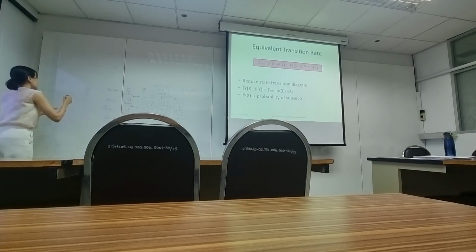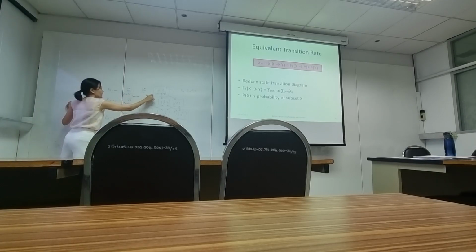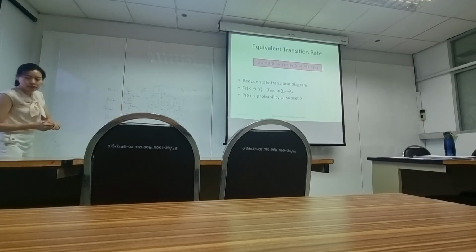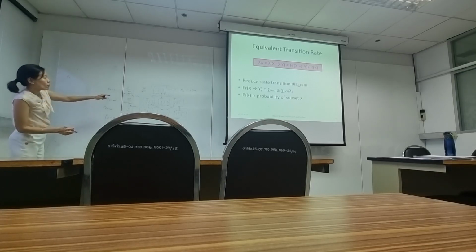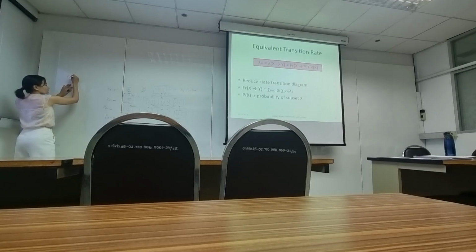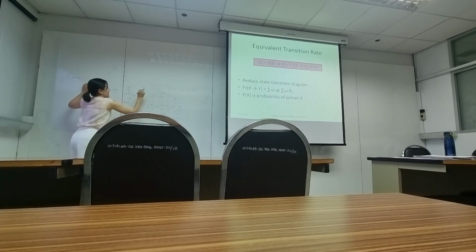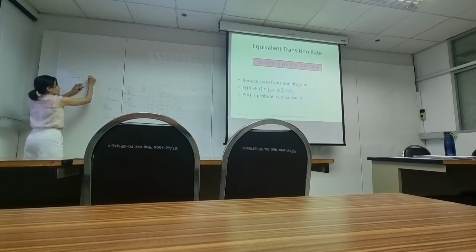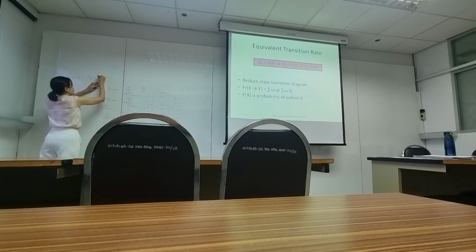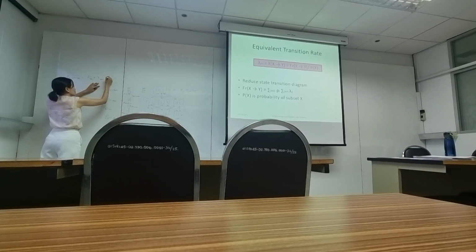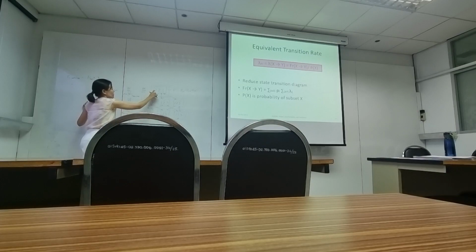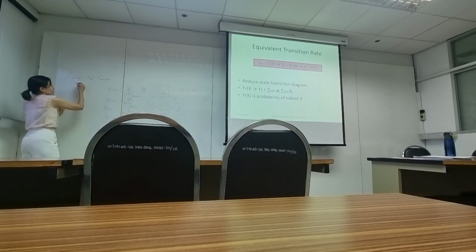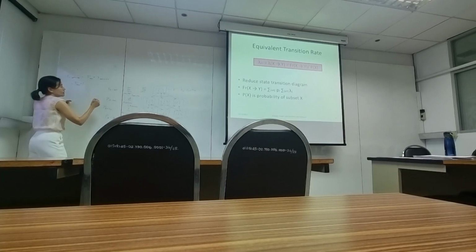The frequency from 300 to 200 will be equal to the probability of 300 multiplied by the rate of 300 to 200. But you know that the frequency here is actually equal to its own probability, P of 300, multiplied by what?